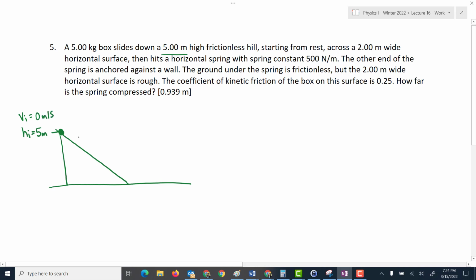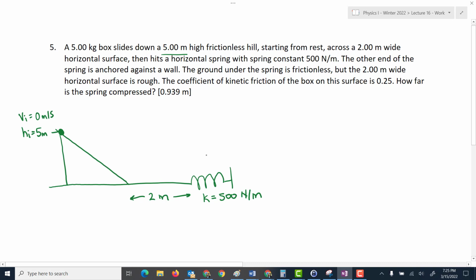So it's a box, it slides down the hill, then it goes across a 2 meter wide horizontal surface. So this is 2 meters long here. And then it hits a horizontal spring. So here's a spring here, with a spring constant, so this is the K value, of 500 newtons per meter.